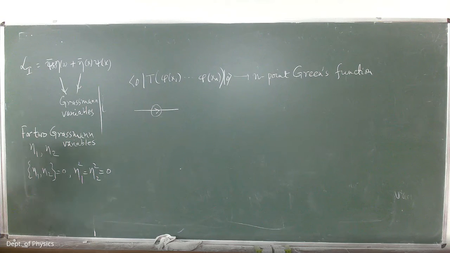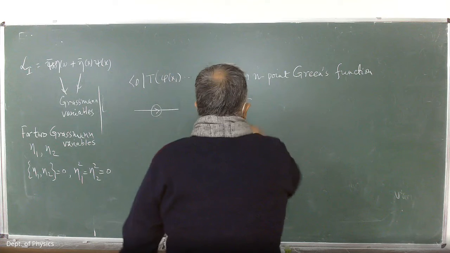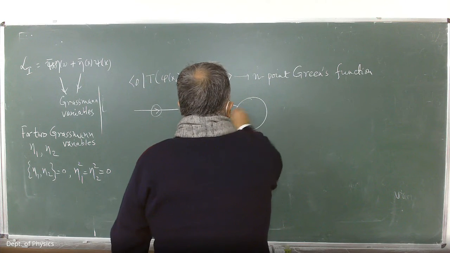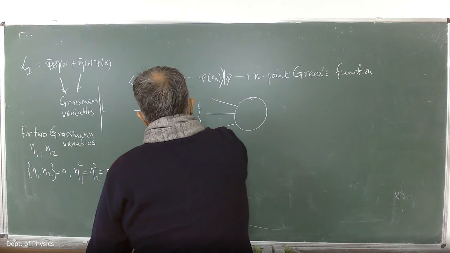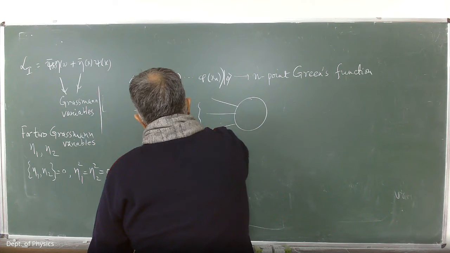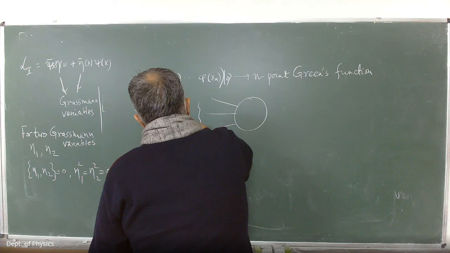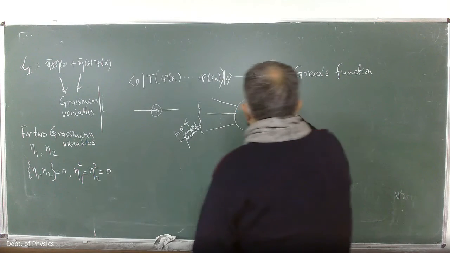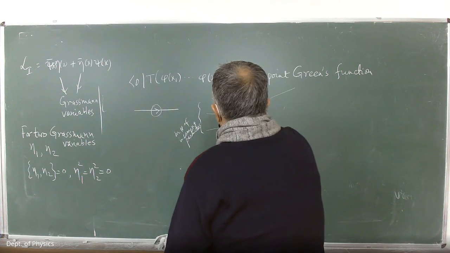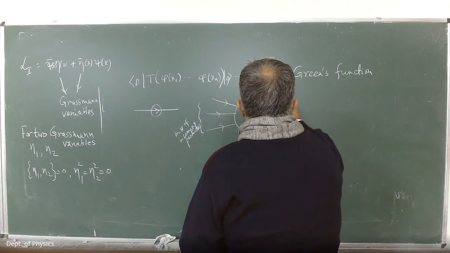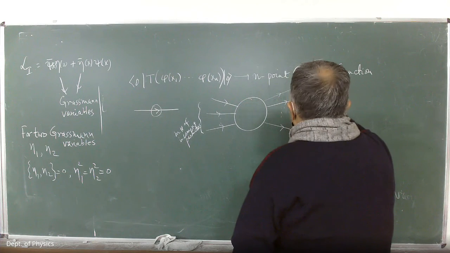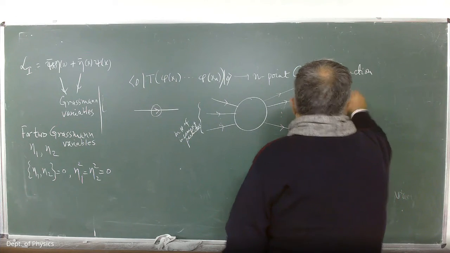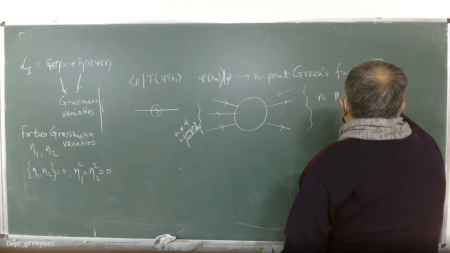But in a more general situation, you can have a blob like this, with m number of incoming particles and n number of outgoing particles.